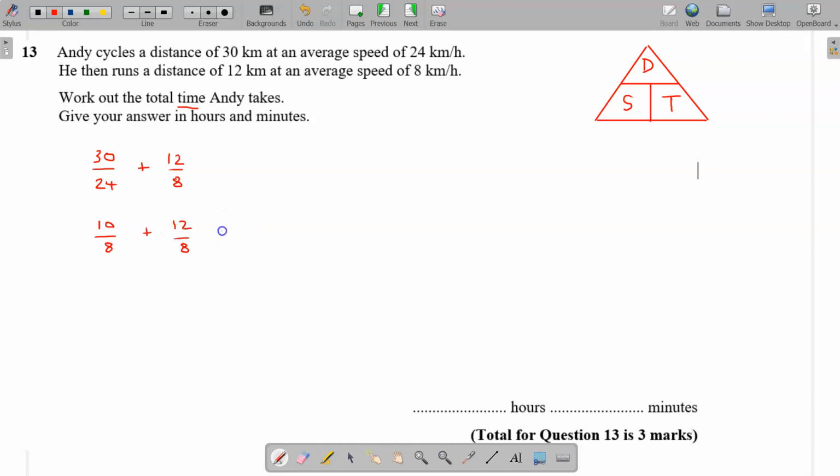That gives us 22 over 8, which is the same as 11 over 4, which is 2 3/4. So the whole thing took 2 3/4 hours. Well, that's 2 hours and 45 minutes.